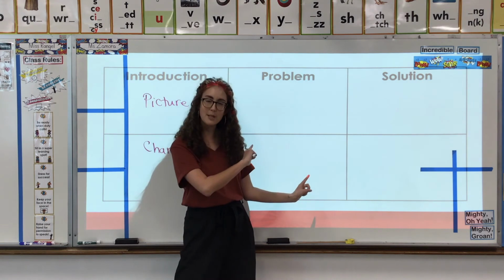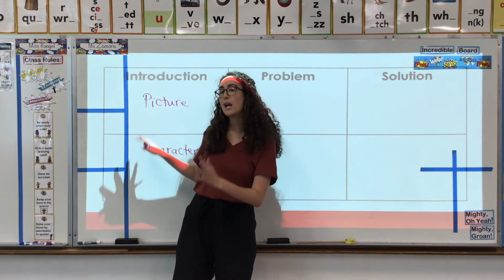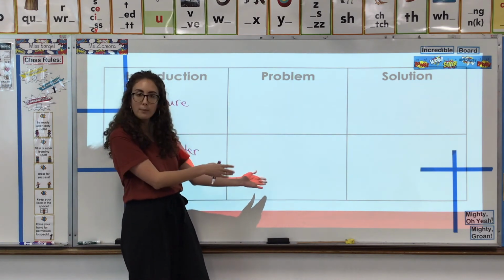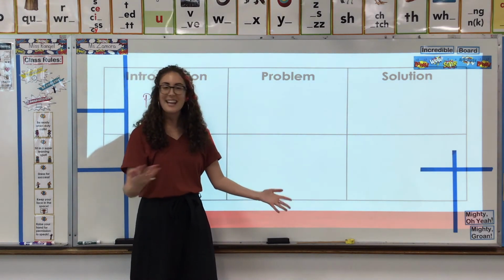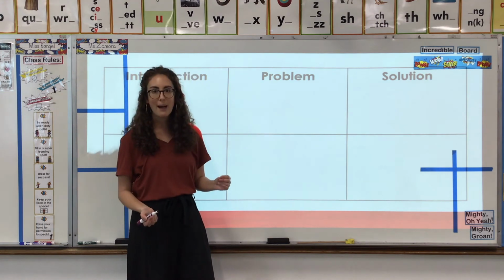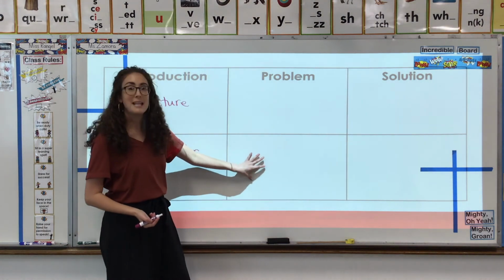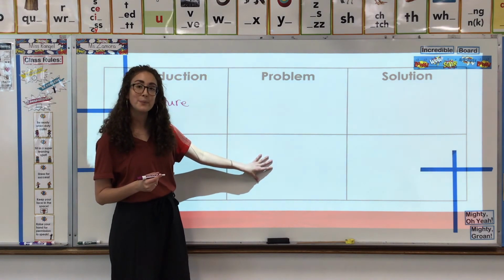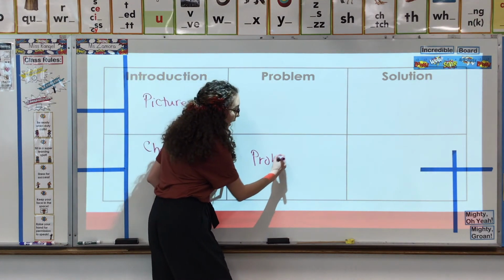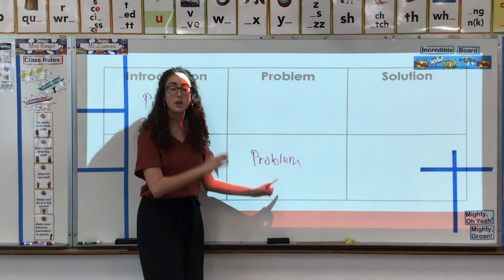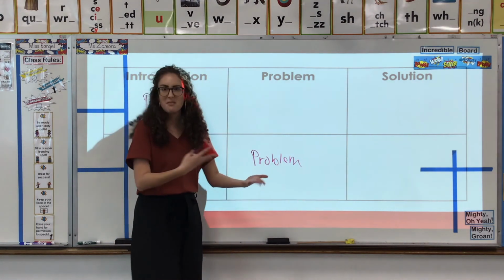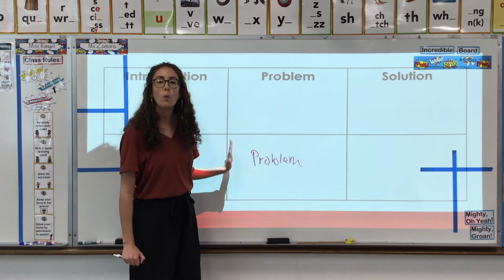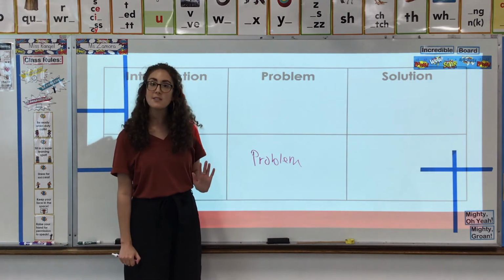The next is the problem. You're going to take what you wrote about your character and create a problem based off that. It's your own decision, your own imagination. So down here in the problem box, you're going to write exactly what the problem is. You're going to write just in one sentence like I did, write very clearly what is the problem that your character is facing.